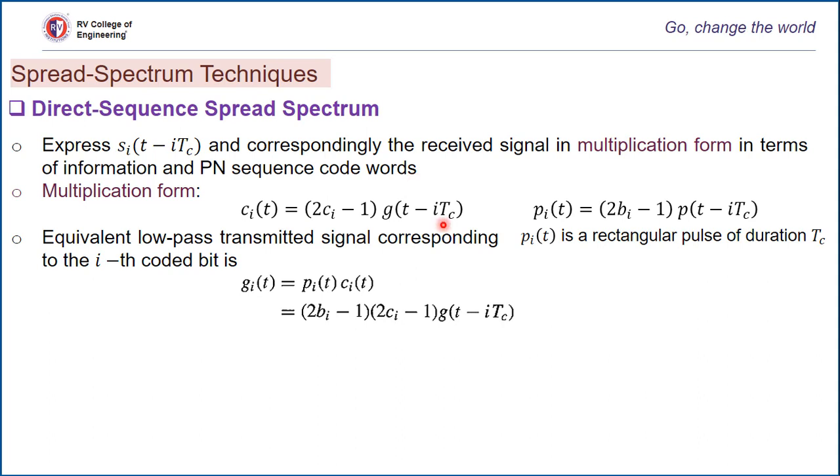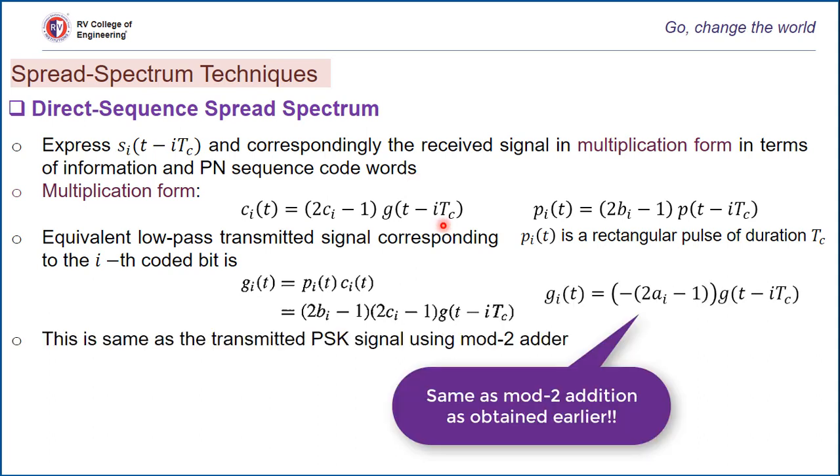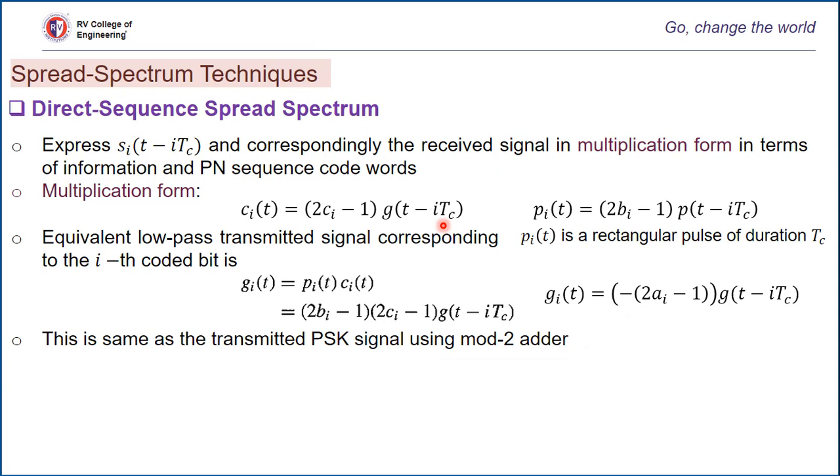Although it is very easy to implement modulo 2 addition followed by PSK modulation instead of waveform multiplication, as you know that addition is simpler than multiplication, it is convenient for purposes of demodulation to consider the transmitted signal in the multiplicative form.